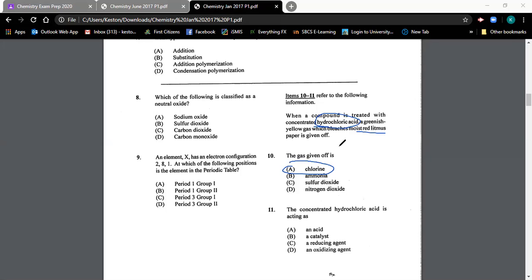Reducing agent, oxidizing agent, acid, a catalyst. But we don't have enough information to determine if it's a catalyst or not, so we can't say that, right? We know that a gas is given off, and the gas, when it's given off, has an oxidation state of 0. On this side, chlorine has an oxidation state of -1.